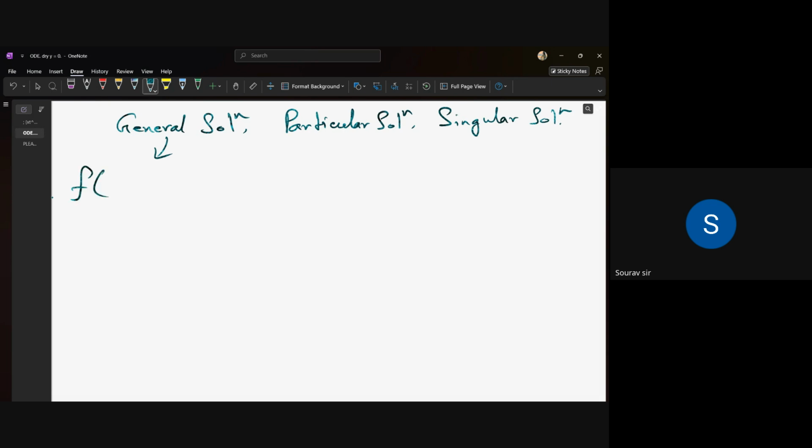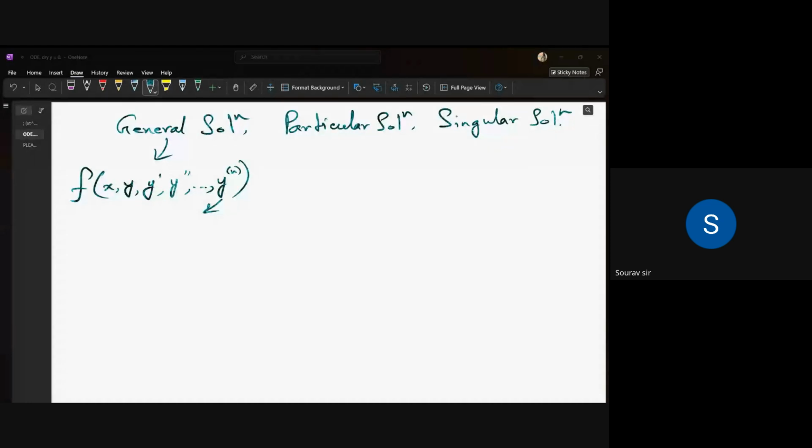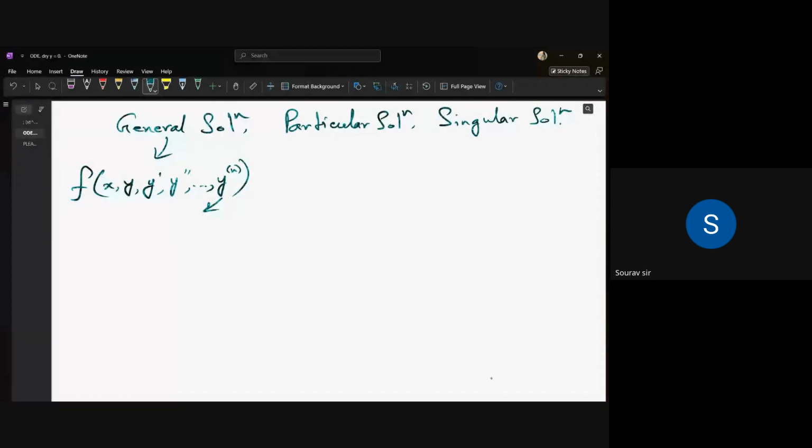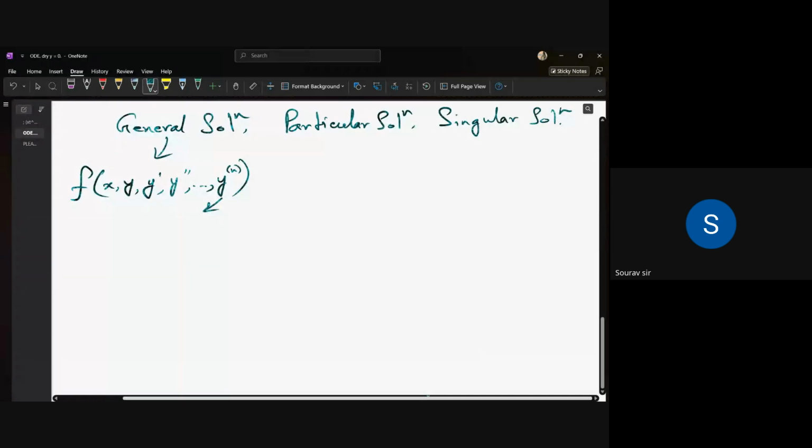F of x, y, y1, y2 up to yn, and let us take y dash, y double dash, and so on up to yn. So what does yn mean?